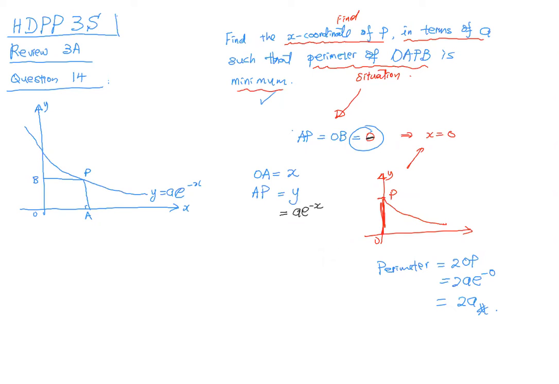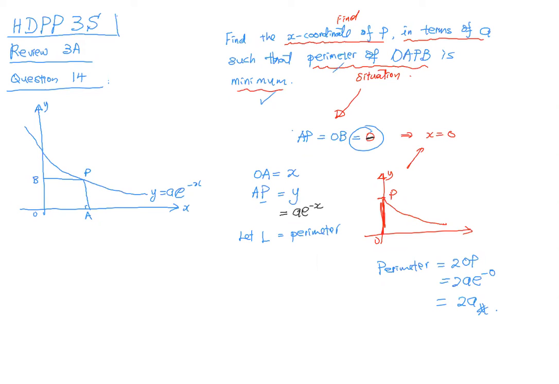The perimeter. Okay, so what alphabet do you want to represent the perimeter? Because there is a P here, so I try not to use P. Let L be the perimeter.